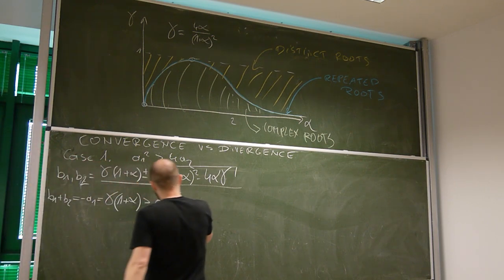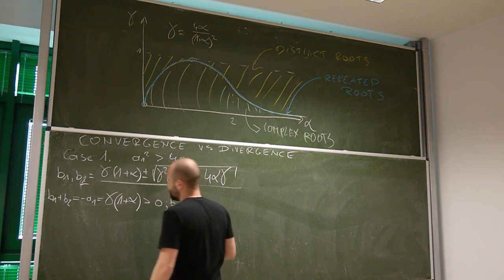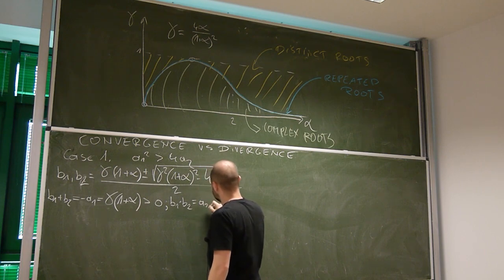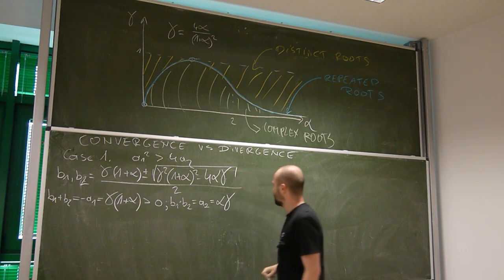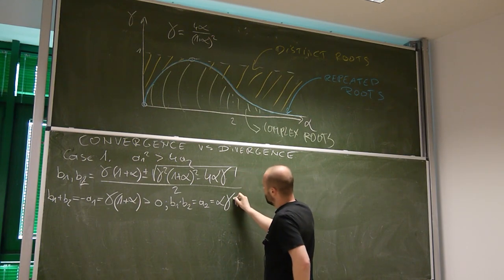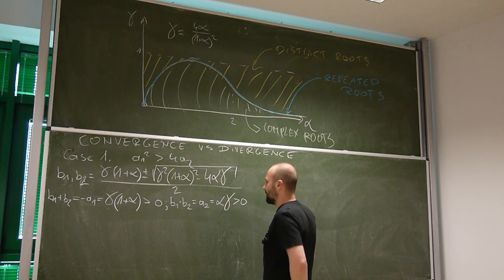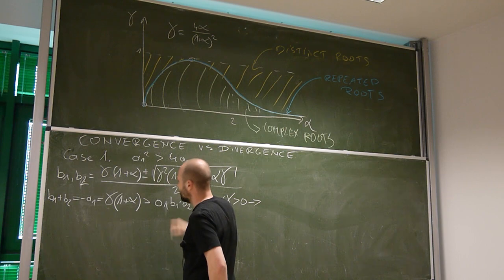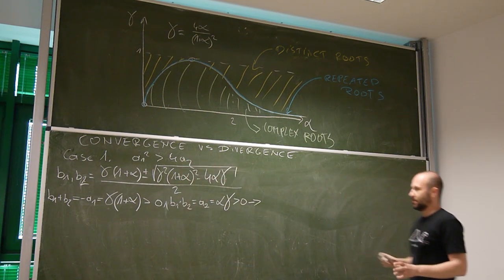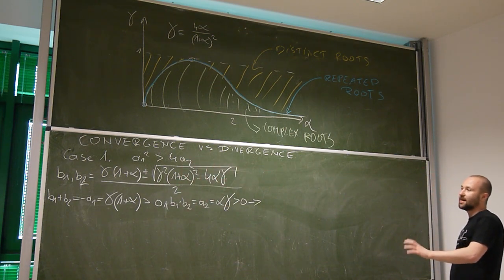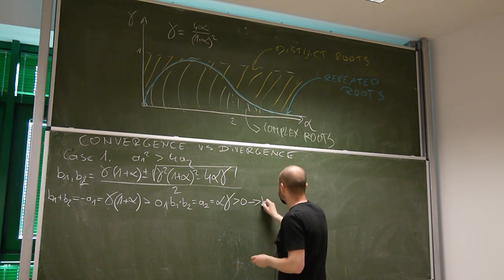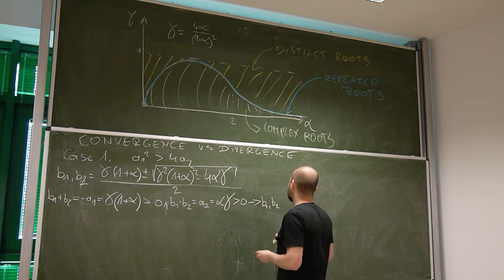We also know that b1 times b2 is equal to a2, which is equal to alpha gamma, which is clearly a positive number. And look, what do both of those things imply? If the sum of two numbers is positive and at the same time the product of two numbers is positive, it means that both of these numbers must be positive.